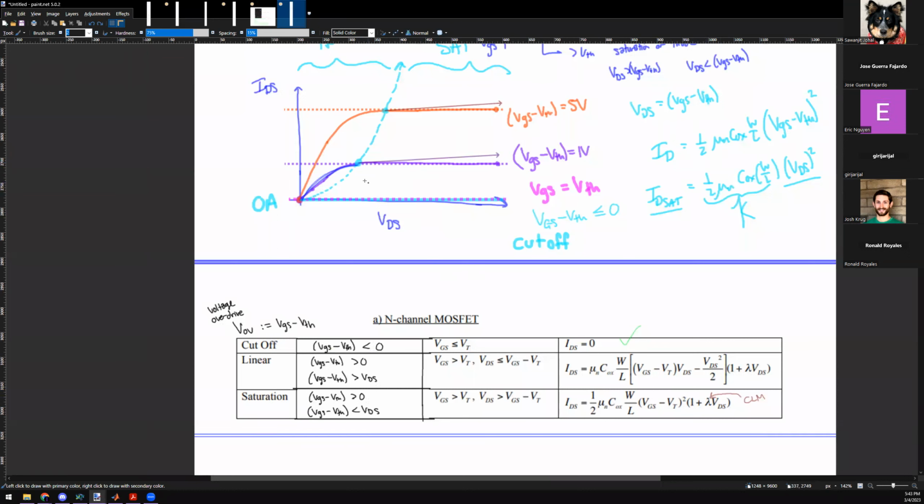And if there is channel length modulation, you basically model it as a y offset and a slope on the IDS versus VDS plot. Everything else is considered a constant. It's just y equals mx plus b. So this is just a line. Do you guys see how you have a quadratic and a line?